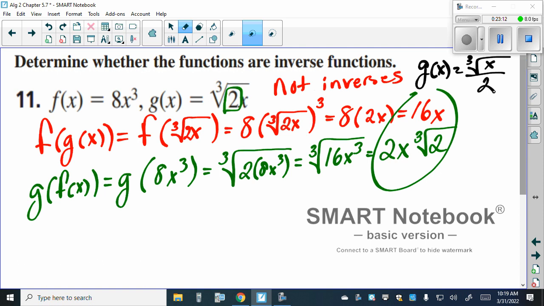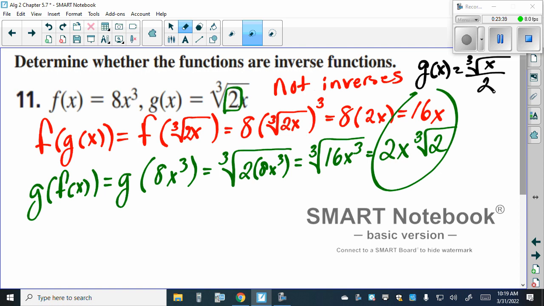Because when we cube this, the cubed root and the cube on top would cancel out, but we would still cube the 2 on the bottom. 2 cubed is 8. 8 times 1/8 is 1, so it just leaves us with x. When we do it the other way, we would have the cubed root of x to the 3rd on top. The cubed root of 8 is 2. The cubed root of x to the 3rd is x, and it would have been over 2.